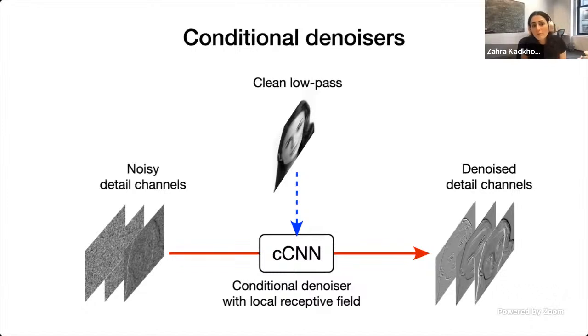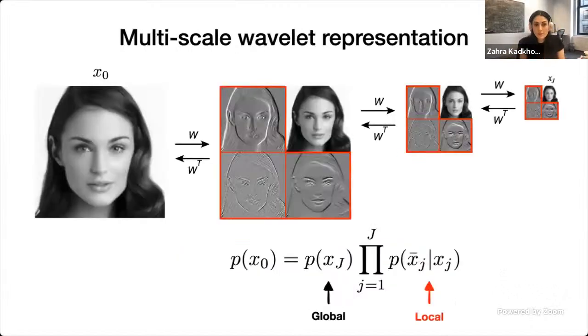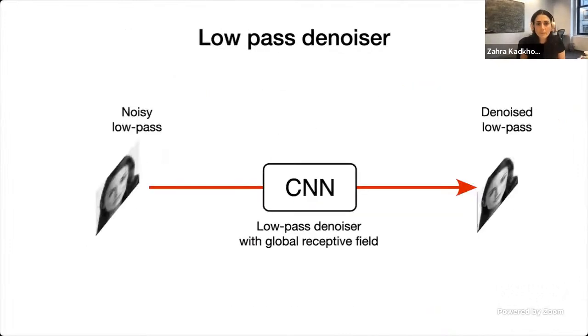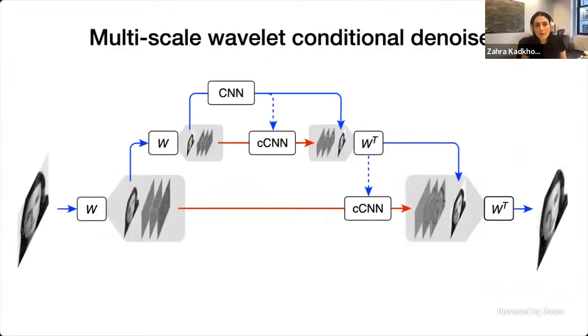We build and train one of these for each of the stages, and at the end, we also train a normal CNN to denoise the low pass image. They all have small receptive field sizes, and we assemble them together to build a multi-scale architecture where all the receptive fields are small.